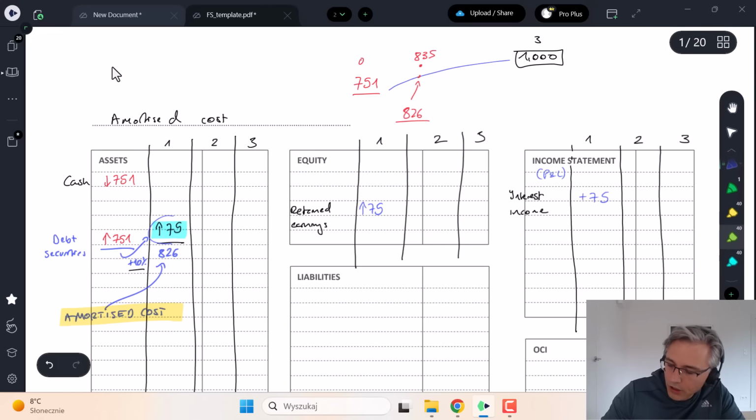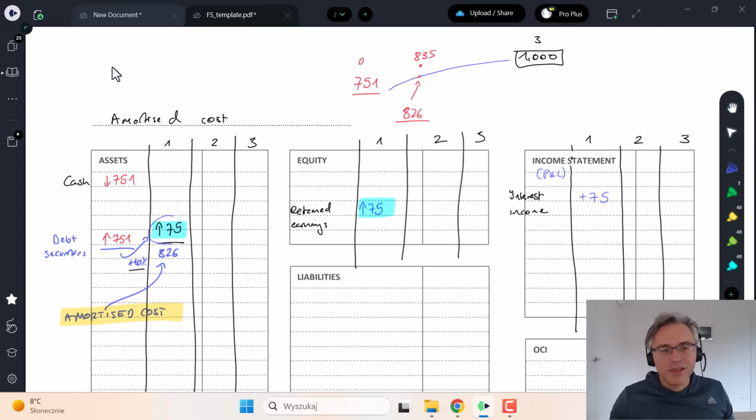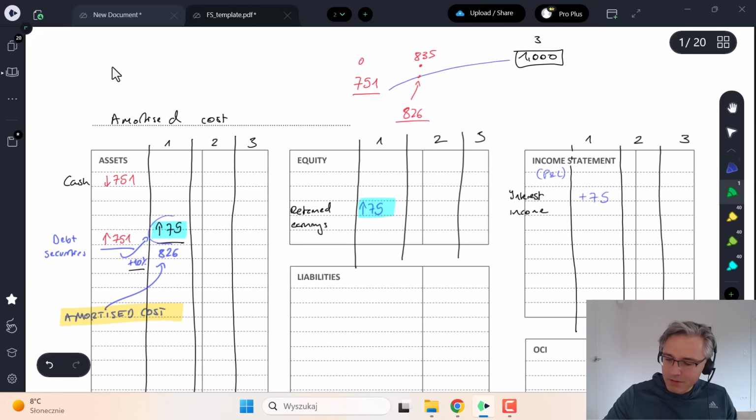And as you can see, hopefully, because the asset went up by 75, not because we received something, not because its real market value went up by 75, no, just because we applied a very abstract computation here, both the asset and equity section of the balance sheet go up by the same amount, and our balance sheet stays in a condition of balancing, right, if we increase both sides by the same amount.